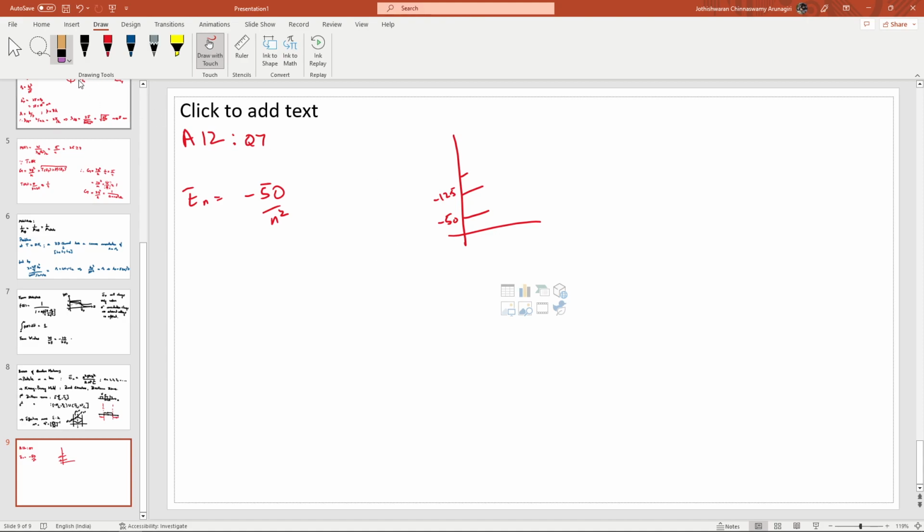So let me just draw this graph properly. Yes, good.